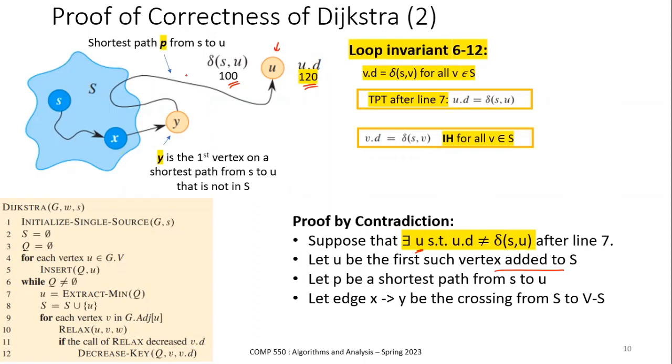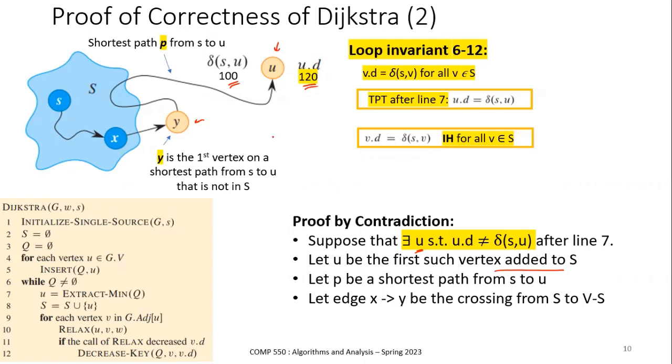Now we're going to look at a particular path. Let's assume that there is another path going through Y. Remember, this can be true if there is a negative edge. If this was negative 15, then this could be true, but negative edges are not allowed. So let's assume there's another vertex Y which takes us to U, and that is the shortest path.